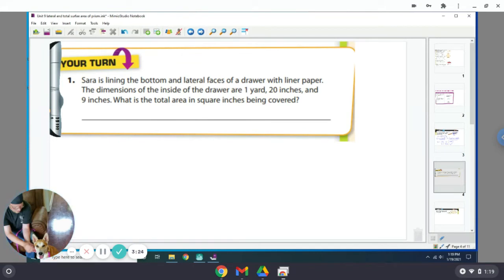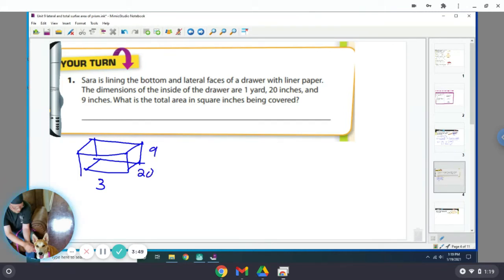Why don't you try to do this one, but first I'll draw you a picture. So this is a drawer. So it says the drawer is 1 yard, 20 inches, and 9 inches. What's the total area? So we're going to make 1 yard 36 inches. And then we'll make this 20. And we'll make this 9.